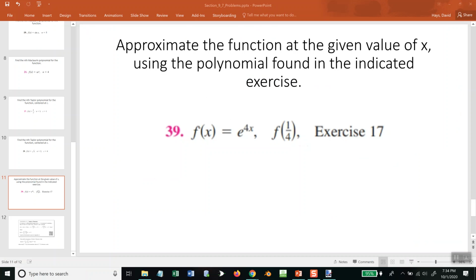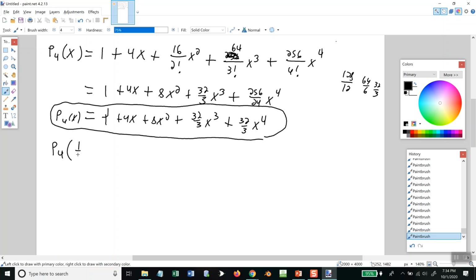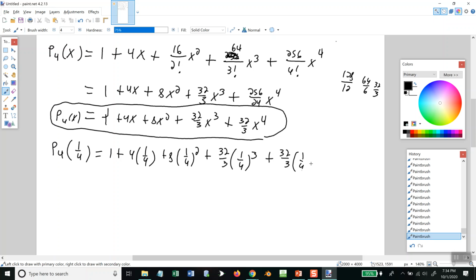We're going to take that x value, the 1/4, and plug it into our function. So it's 1 plus 4 times 1/4 plus 8 times 1/4 squared plus 32 over 3 times 1/4 to the third plus 32 over 3 times 1/4 to the fourth. I might be able to do some of this. The 4 cancels, it gives me 1.